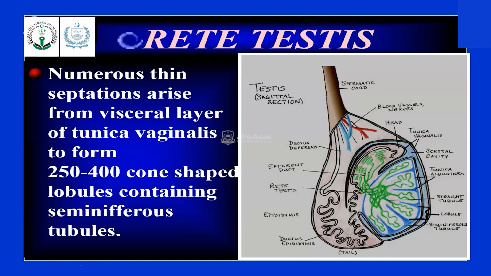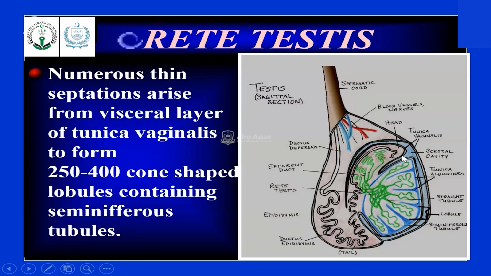Rete testes. Numerous thin septations arise from visceral layer of tunica vaginalis to form 250 to 400 cone-shaped lobules containing seminiferous tubules.